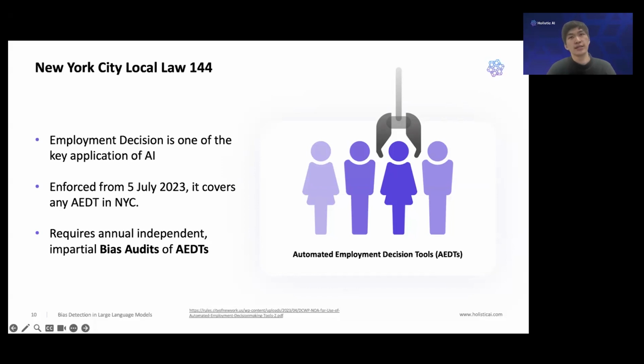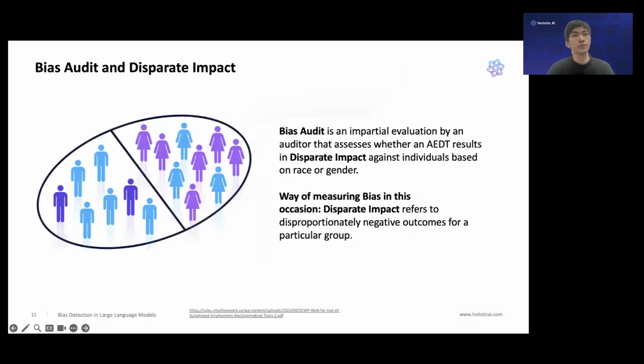In other words, it applies to any AEDT that influences hiring decisions, affecting all employers in NYC who rely on these tools. To tackle this, the law requires that all AEDT used in NYC undergo an annual, independent, and impartial bias audit. This means that every year, these AI-driven tools must be evaluated to ensure that they aren't producing discriminatory outcomes.